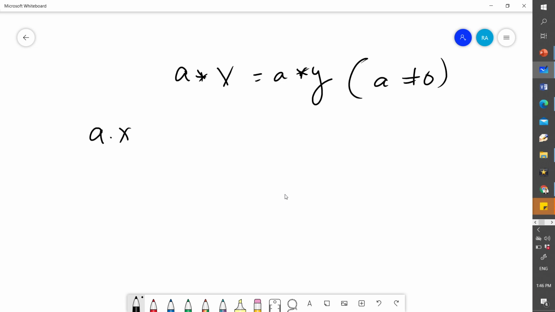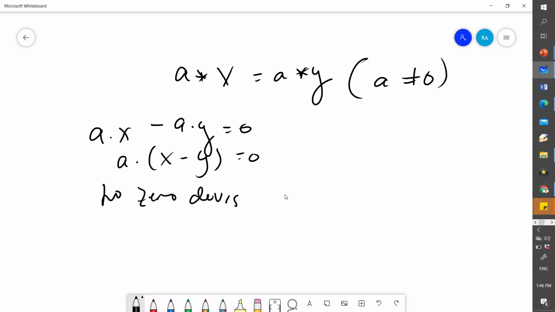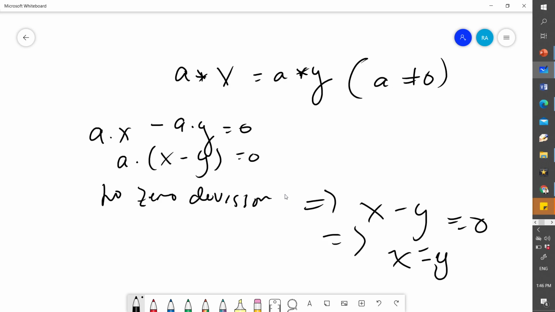So a times x minus a times y equals 0, so a times (x minus y) equals 0. There are no zero divisors, so we can say that x minus y equals 0. This implies x equals y. So another benefit of an integral domain is the cancellation property.